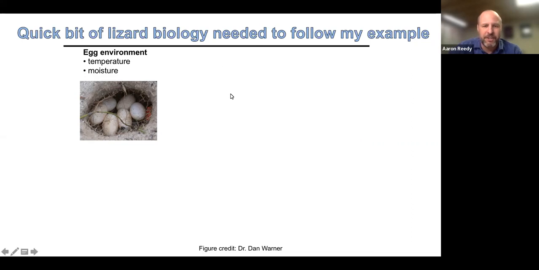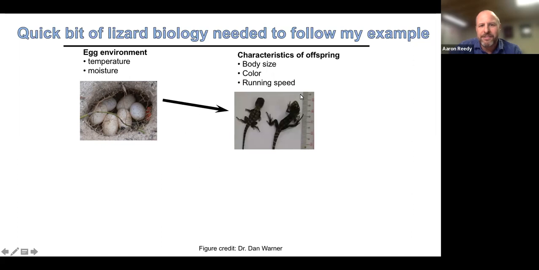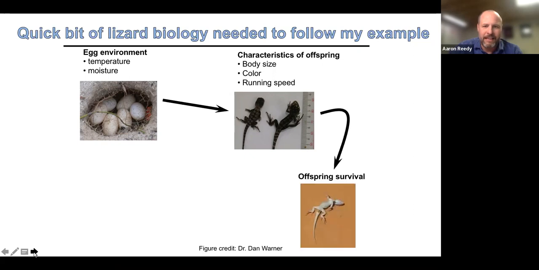This is particularly true in reptile eggs, which have very porous eggshells and exchange a lot of moisture and gases with the outside world. This egg environment can have consequences that affect the traits of that developing animal. Things like body size, color, running speed, all of these things can be affected by that egg environment.